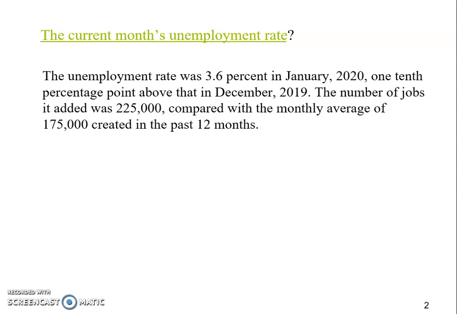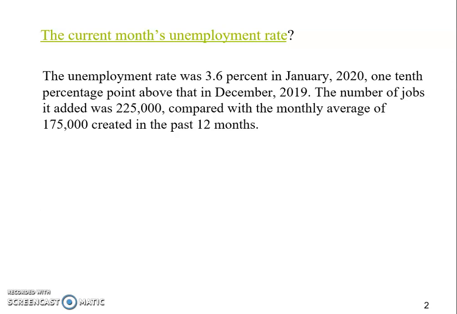The second sentence says the number of jobs it added was 225,000 compared with the monthly average of 175,000 created in the past 12 months.